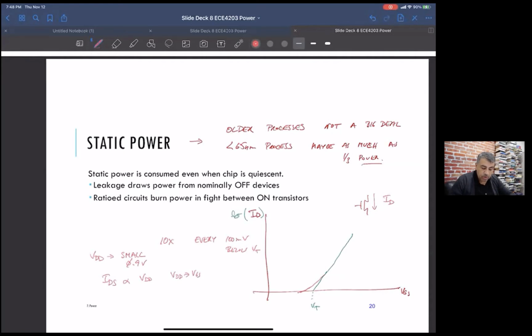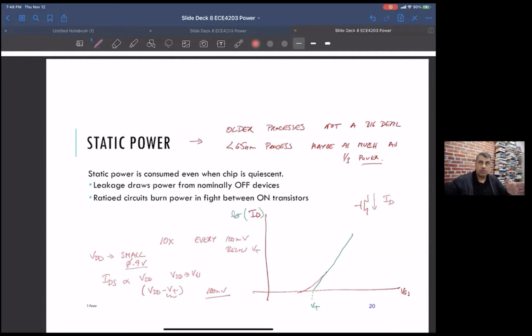So what do you do? You reduce your threshold, because it's VDD minus VT. When you drop your supply voltage, you also drop your threshold to get a reasonable amount of current when the device is on. But that also means if your threshold is at 100 millivolts, when your gate is at 0, you're pulling a lot of leakage current compared to when your threshold is at 500 millivolts.